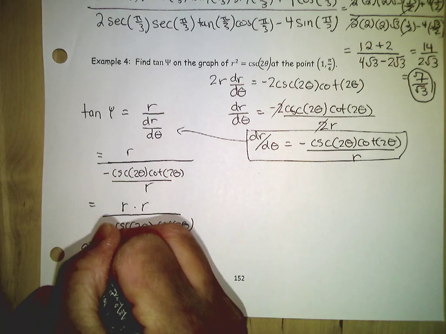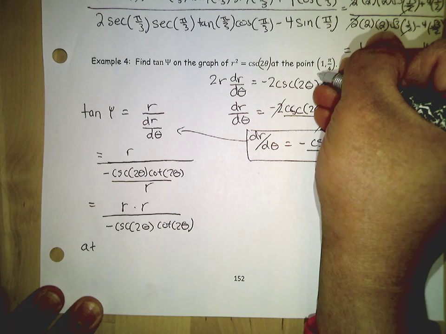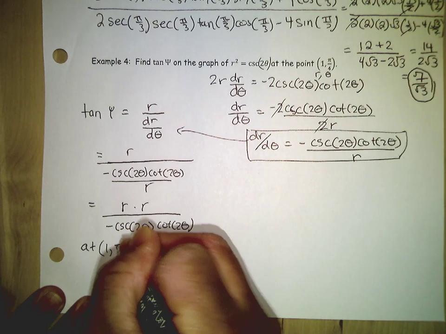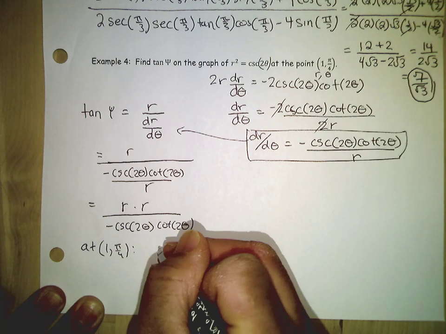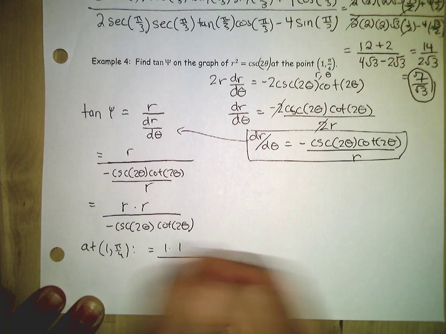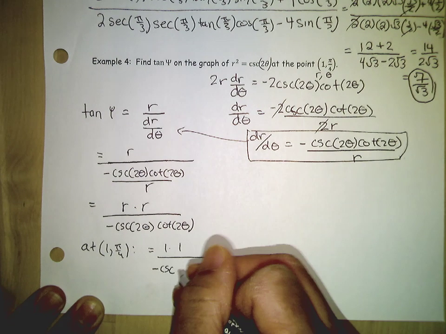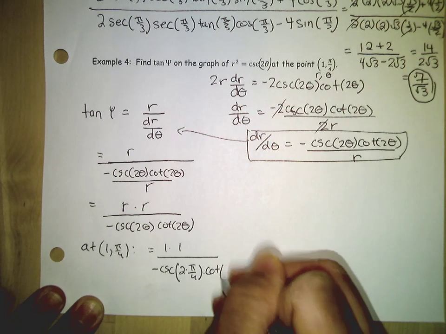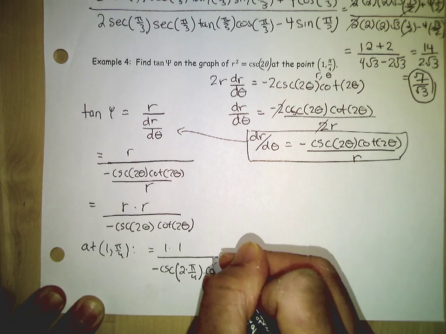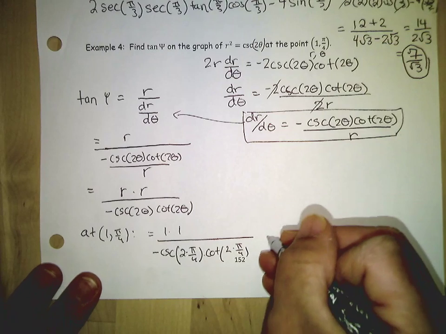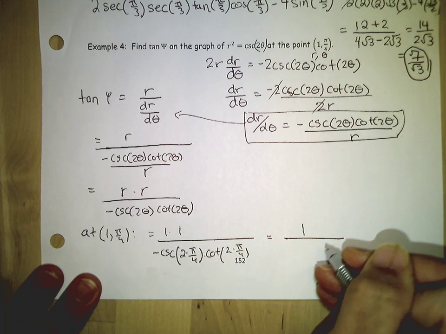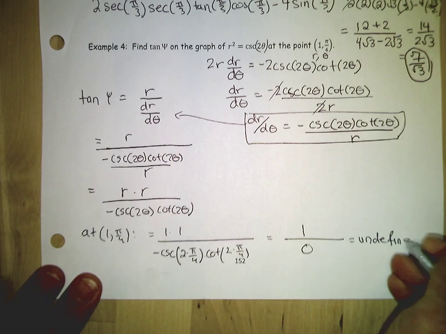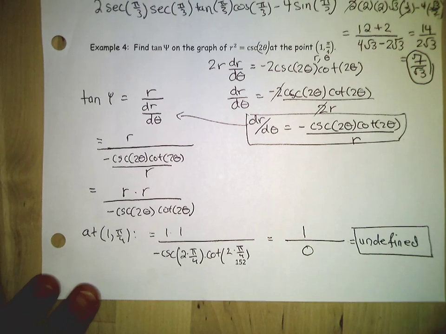And now at the point 1 pi over 4, we have 1 times 1 over negative cosecant of 2 times pi over 4 times cotangent of 2 times pi over 4. And that will be 1 over 0, which means this is undefined. What a time to be alive.